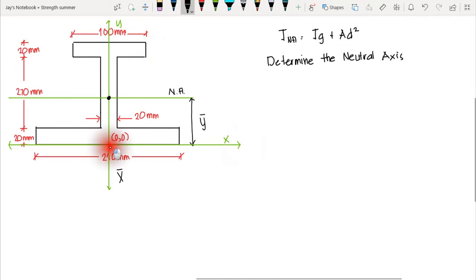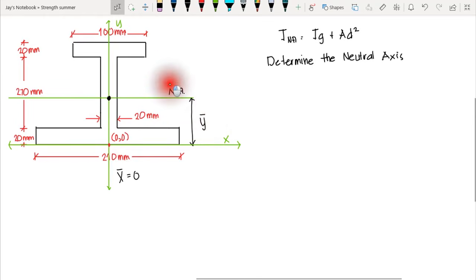So our centroid here is, let's assume, at this point. Therefore, we could say that x bar is equal to 0. Now, we only have a y coordinate in our centroid. So let's say that's our y bar. Our goal here is to locate y bar, and that is also the location of our neutral axis. Again, the neutral axis is at the centroid of our section.